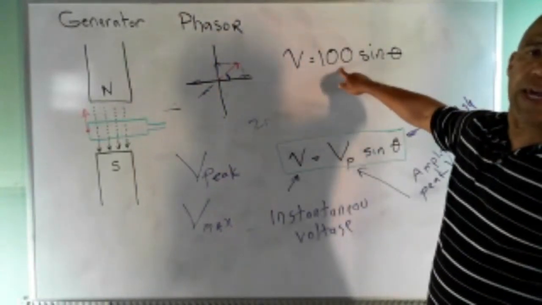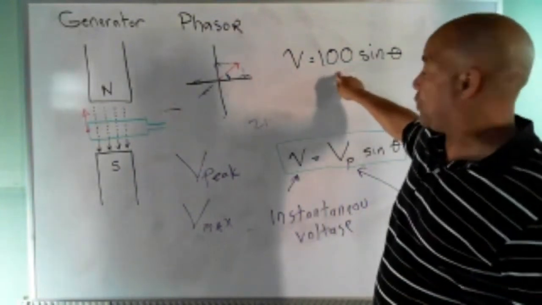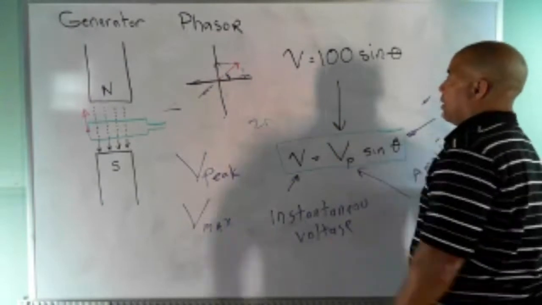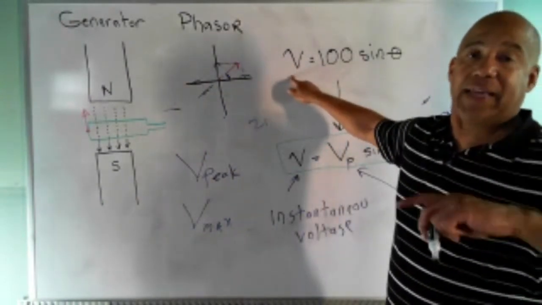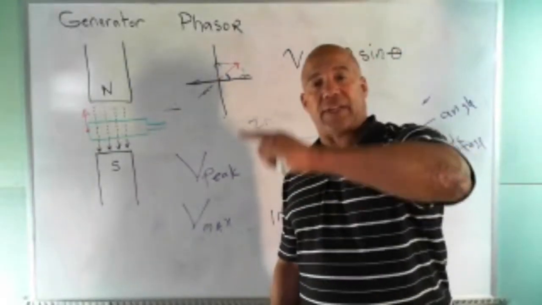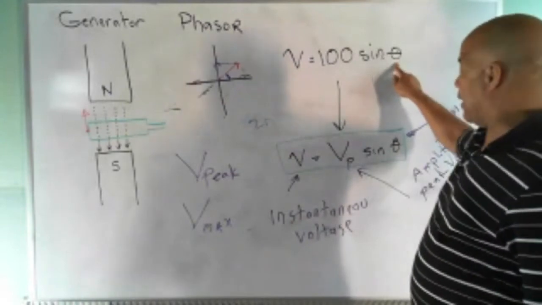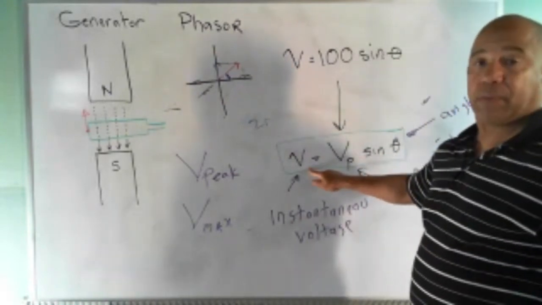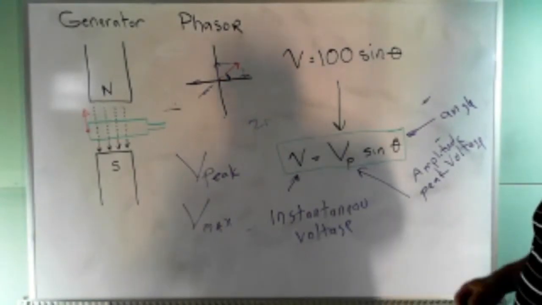The maximum voltage that can come out of that generator is 100 volts. That's the peak value. You can also tell me the voltage at an instant in time or any angle. If you tell me where the generator coil is as it rotates around the 360 degrees, I can put that angle in there and tell you what the voltage would be at that point. So that's how you work with that equation.